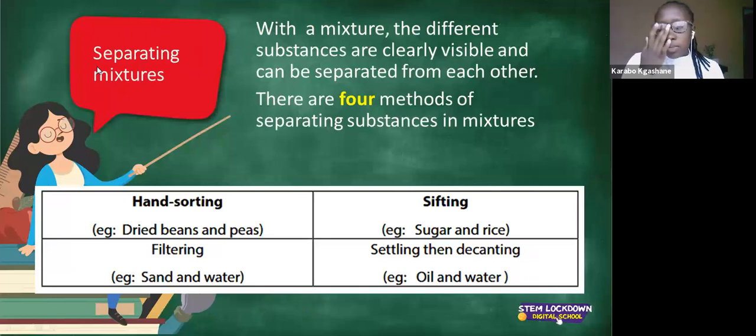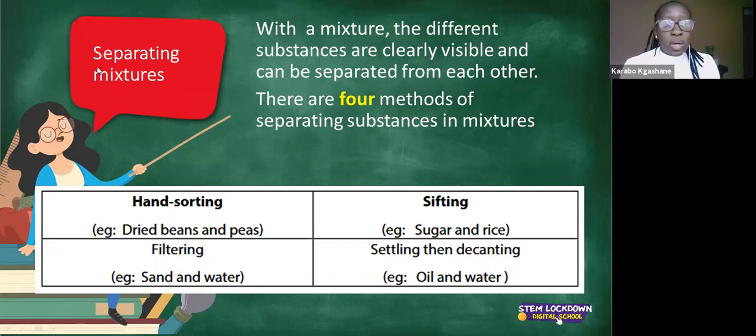All right, so now separating mixtures. So now how exactly can we actually separate mixtures? We don't have to always use our hands. I mean, imagine trying to separate salt and sand with your hands. When are we going to finish, right? Very, very impossible.